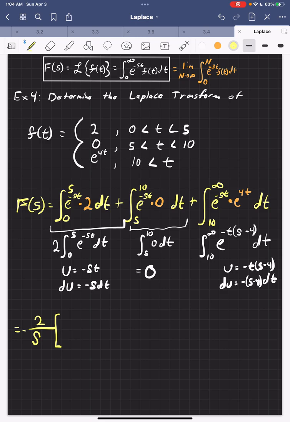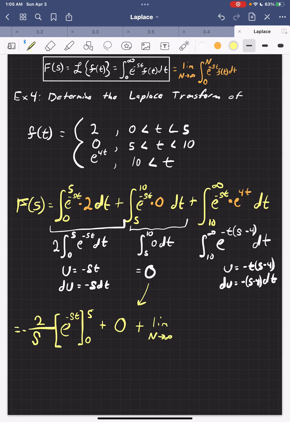The integral of e to the u is just e to the u. So let's back substitute. That's e to the negative st, and we're going from 0 to 5. Now this is going to be plus 0, because that's from this middle integration. And then from here, we got plus, and this is an improper integral, so it's going to be the limit as n goes to infinity.